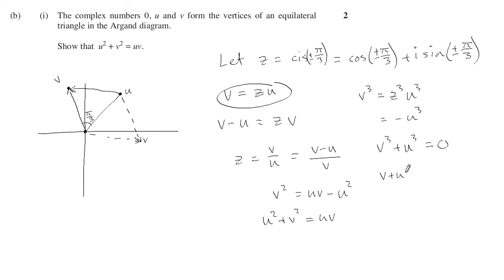So you'd get V plus U times V squared minus UV plus U squared equals 0. So either that equals 0, which we know isn't true because, you know, they're not 0, these vectors, and they're not the negative of each other. That wouldn't work. So we know that this bit is 0. So V squared plus U squared, I'll just move that over the other side. So that's another way of doing it.